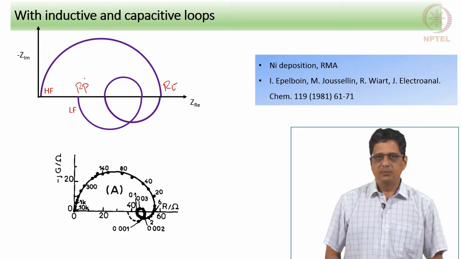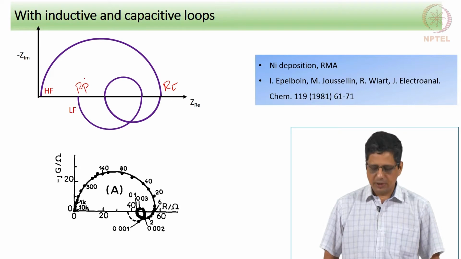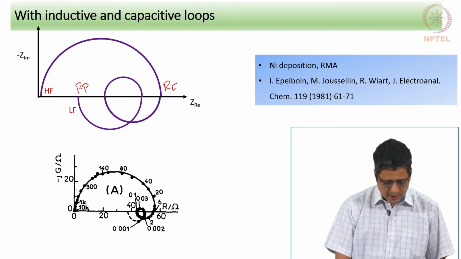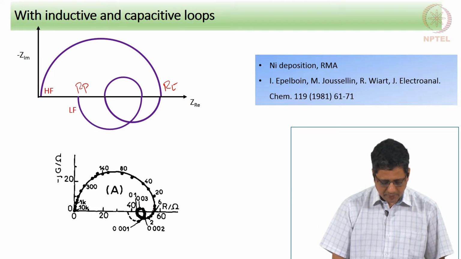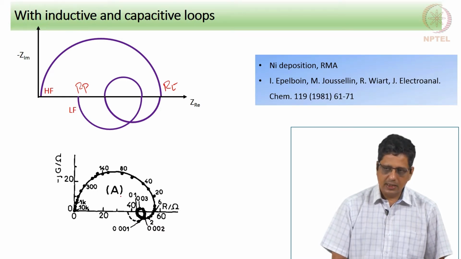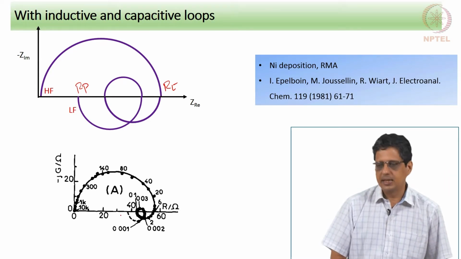And this has been observed for nickel electrodeposition, and this is published by Professor Appelboyen in 1981. You can see that they have got data here, first capacitive loop, followed by inductive loop, followed by capacitive loop, followed by partial inductive loop. The dashed line here shows that they believe that if you extend and take data at lower frequencies, it would appear like this.